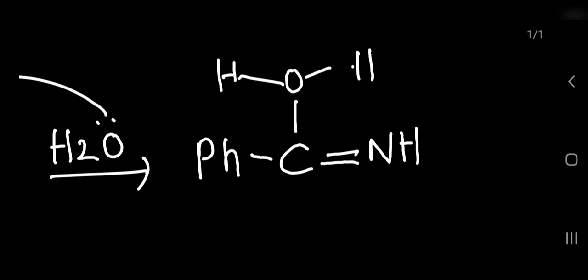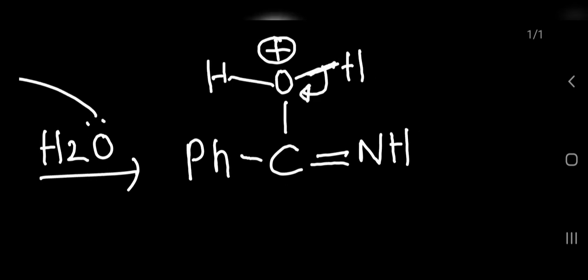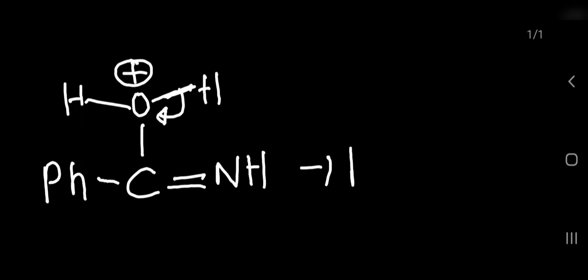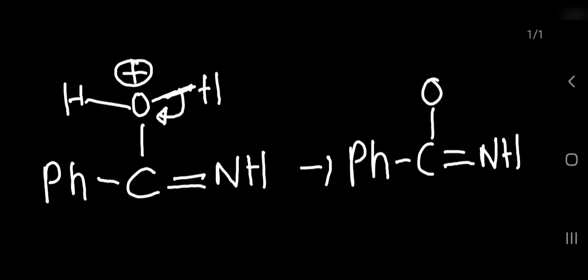As the oxygen donates its lone pair of electrons, it will carry the positive charge. Then, to neutralize this positive charge, this H plus will be freed over here, and then it will be like this, double bond NH and then OH.